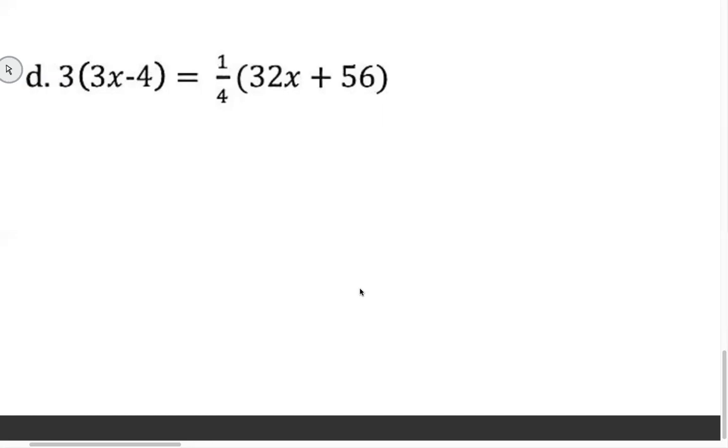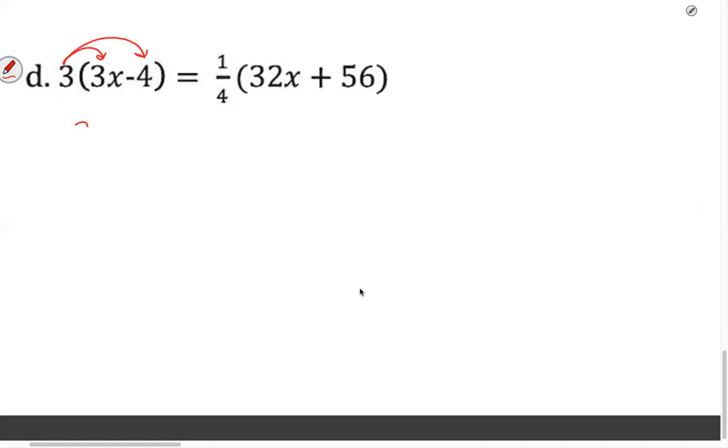All right, now D. Now we have these parentheses. What do I do with parentheses? Mike. Yeah, we do parentheses first. But what do I do with that number outside? 3 times 3. Do you remember what that's called? Starts with D, ends in distribute.